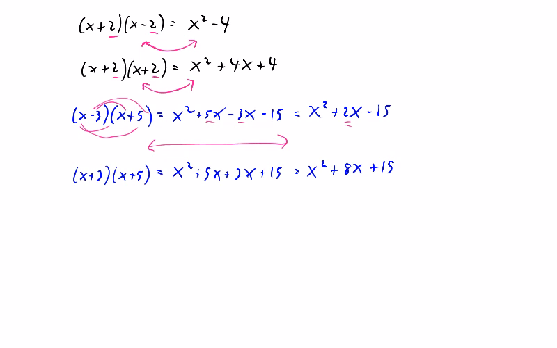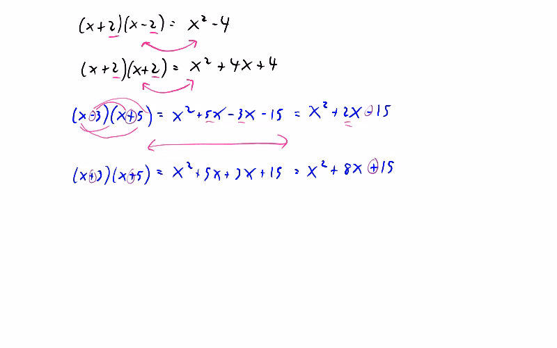Okay, so we can look at these two examples and see a pattern. First of all, the first example had one minus sign and one plus sign in the two terms, whereas the second example had two positive signs. So you'll notice that when we multiply negative 3 times 5, we end up with a negative 15. Whereas when we multiply a positive 3 times a positive 5, we get a plus 15.